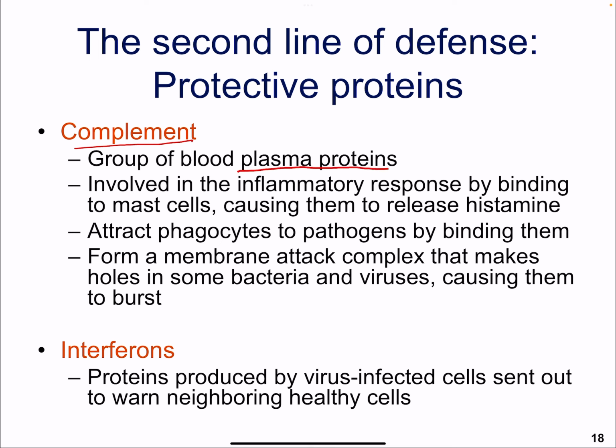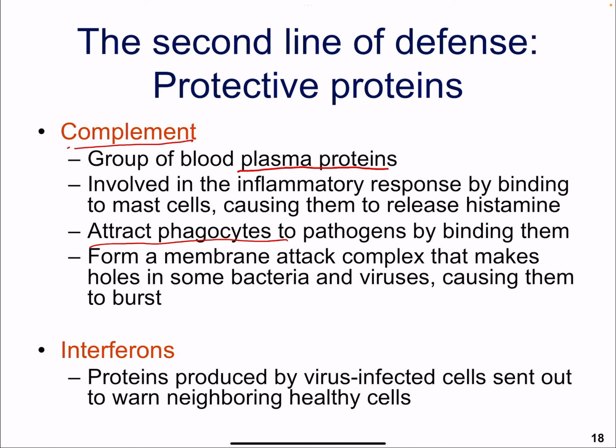Okay, they are going to be involved in inflammatory response by attaching to mast cells, which is going to trigger the release of histamine and vasodilation and rush of the blood in the area. Warmth is going to develop, and so on. So this inflammation is going to attract phagocytic cells, right?